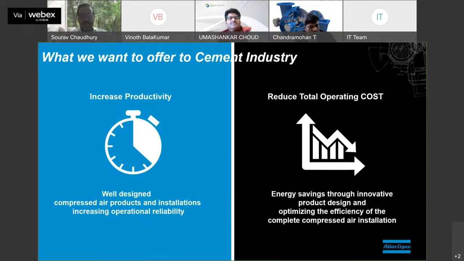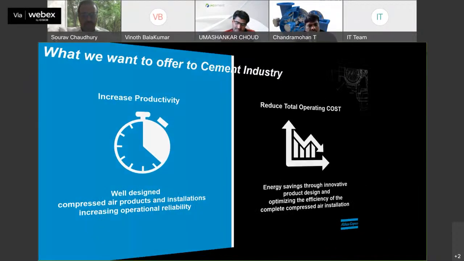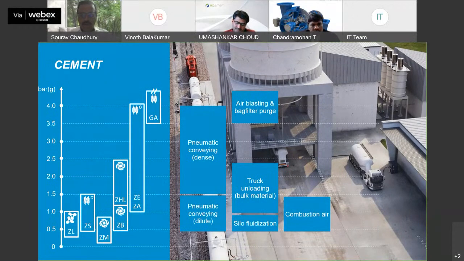This is basically a very simple message, the mission that we have. We want to reduce the operating cost for sure, and we want to increase the uptime. That's the basic mission or motto that we have towards cement industries. What we have closely observed is that we try to map out all the applications in terms of the operating pressure and the flow that is required.